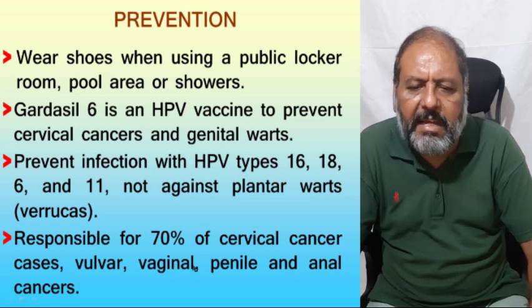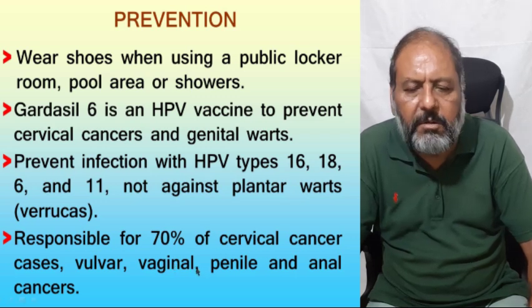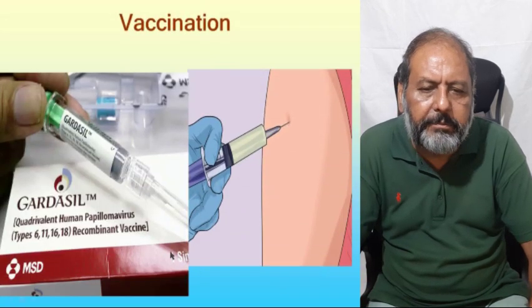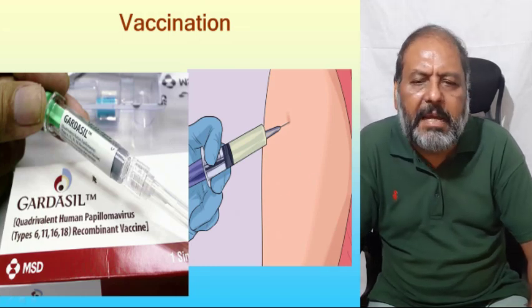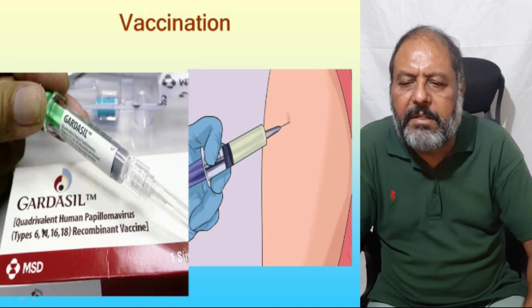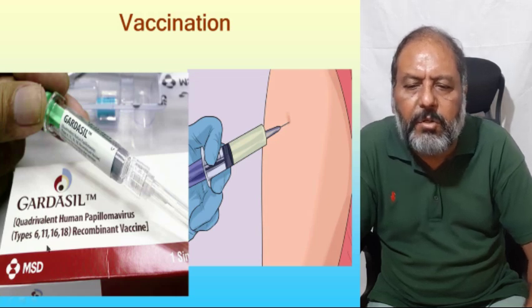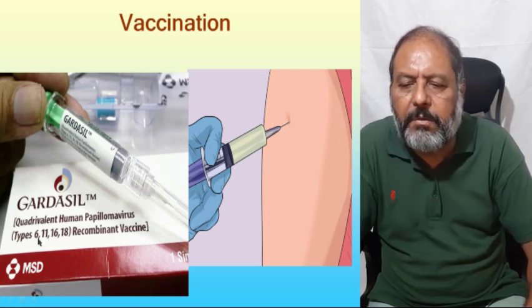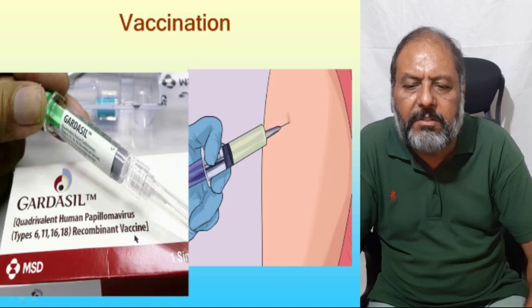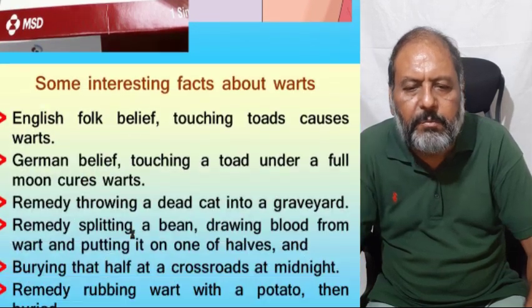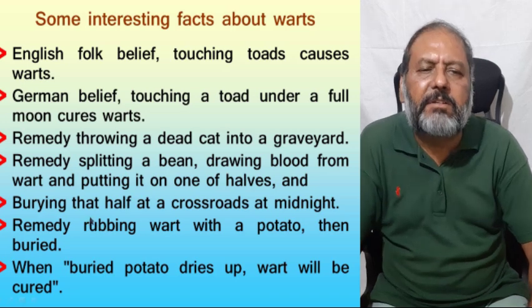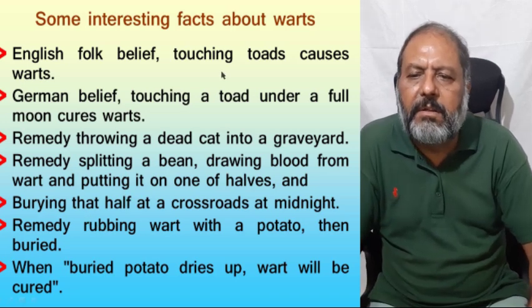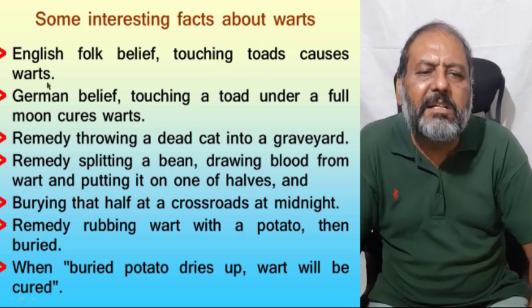So one can prevent up to 70% of these cancers. The vaccination by Gardasil, as one can see, is the quadrivalent human papillomavirus type 6, 11, 16 recombinant vaccine.